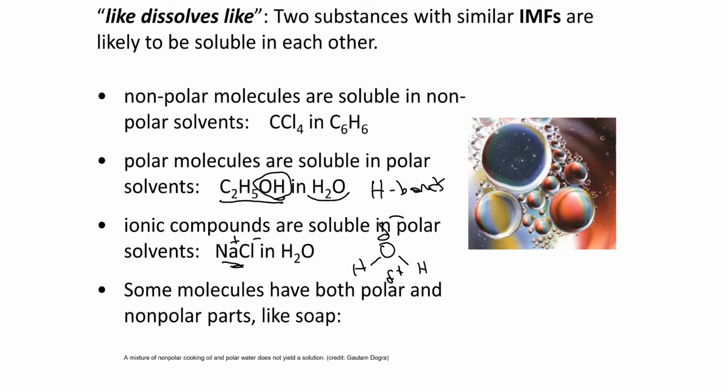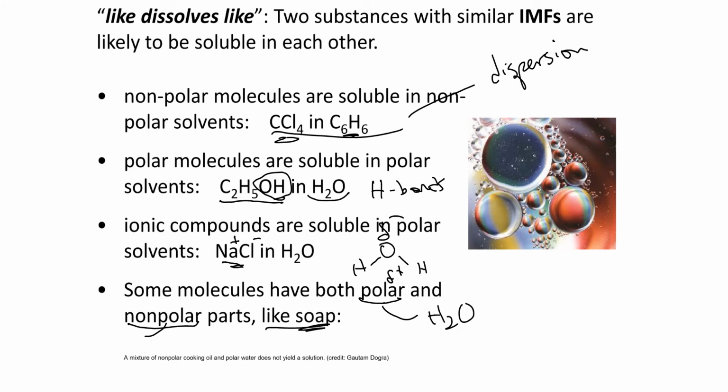Nonpolar solvents with only their dispersion forces are going to be soluble in each other as well. So, for example, carbon tetrachloride will dissolve nicely in benzene. These are both nonpolar. Some molecules have the best of all possible worlds. Soap has a polar and a nonpolar end, allowing it to dissolve in water as well as oil, for example.